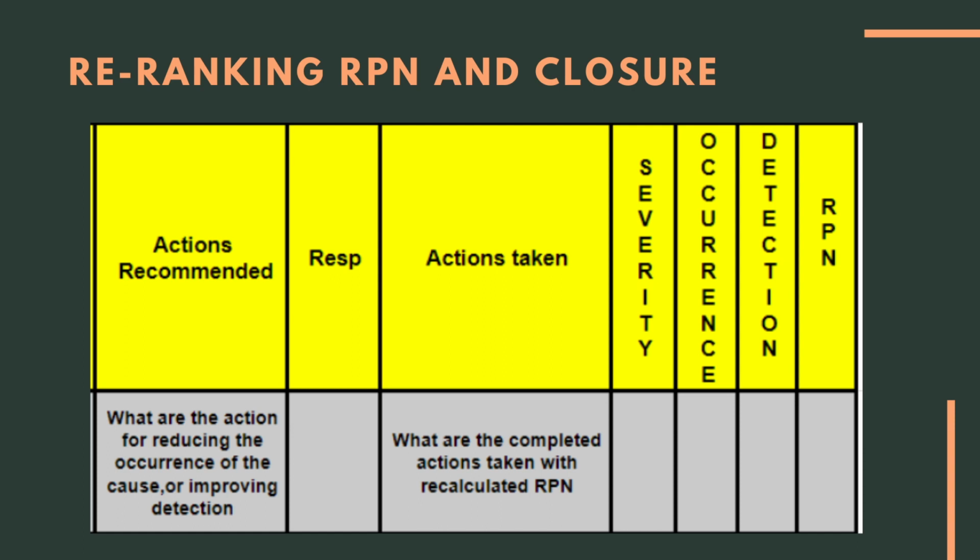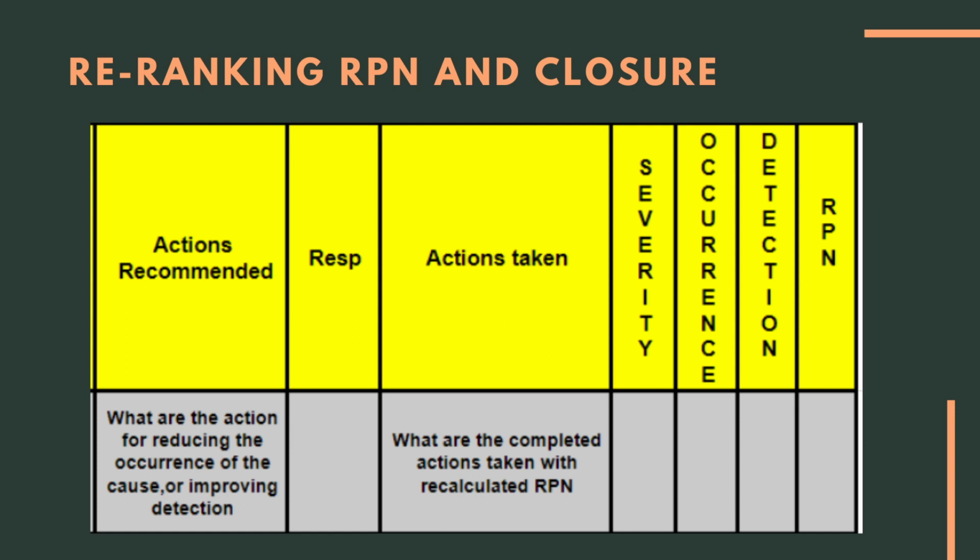Recommended actions are taken to reduce occurrence and detection, in essence, to eliminate failures and thereby eliminate the system deficiencies. So this is the last and probably the most important step in the whole FMEA process. Taking action means reducing the risk priority number.